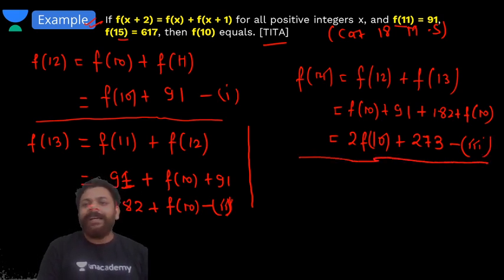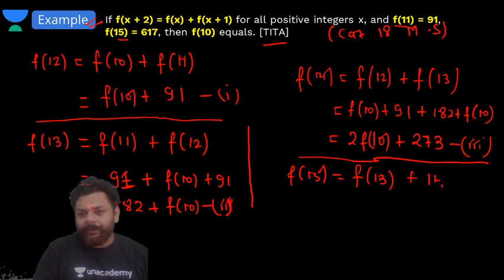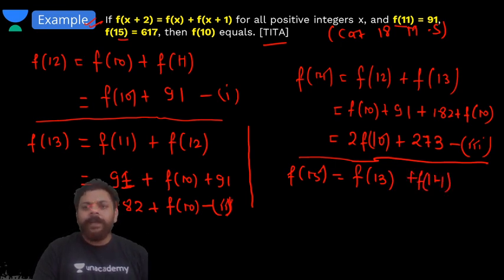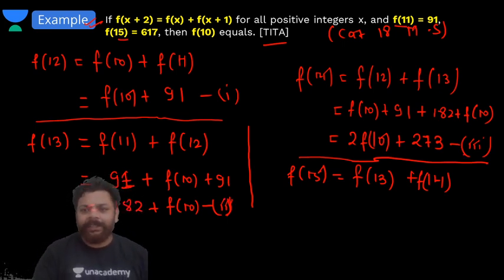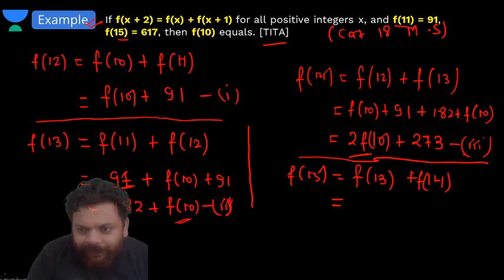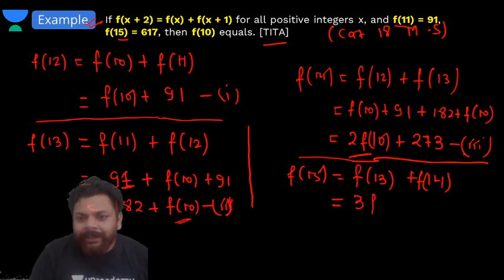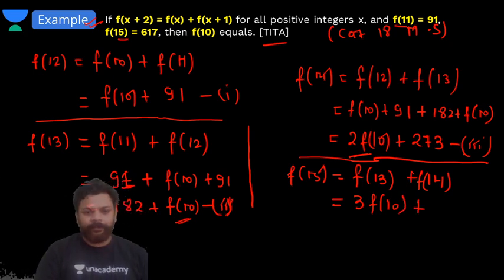So now here comes the final step. F15 can be written as F13 plus F14. Whenever I add this second and this third equation, since there is one F10 and here there are two F10, I can write 3 F10 and 273 plus 182.